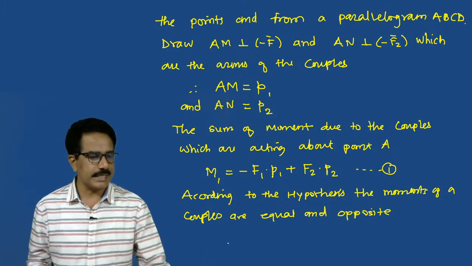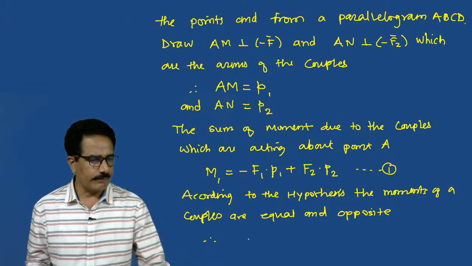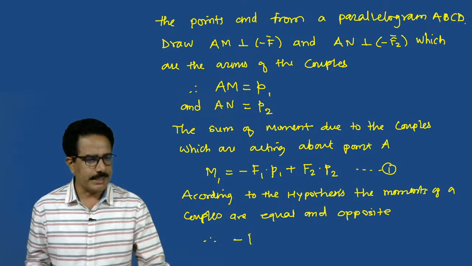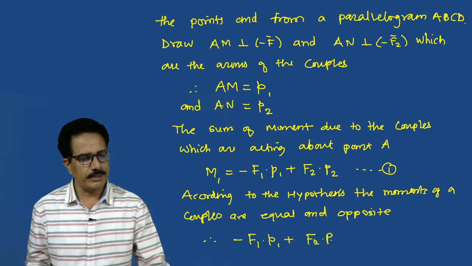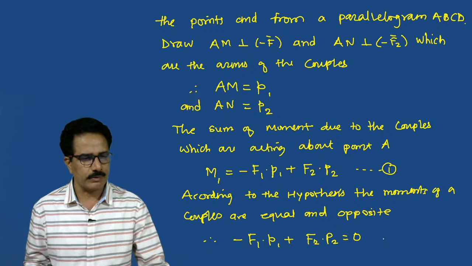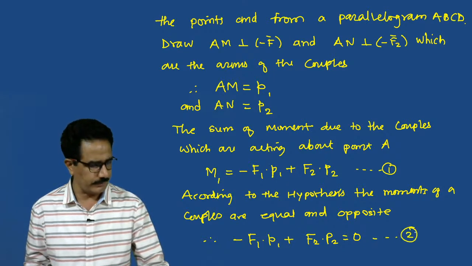So its resultant is 0. Therefore, minus F1 into P1 plus F2 into P2 is equal to 0. Suppose this is equation 2.